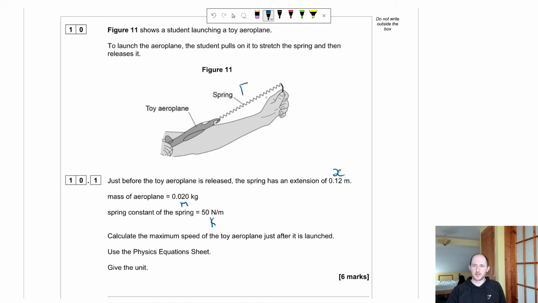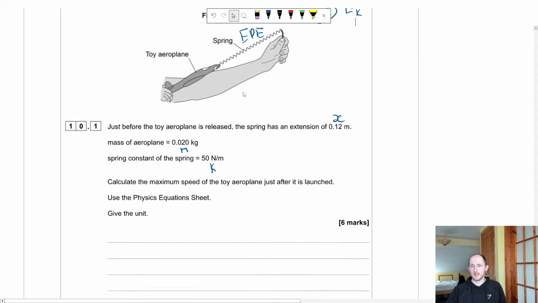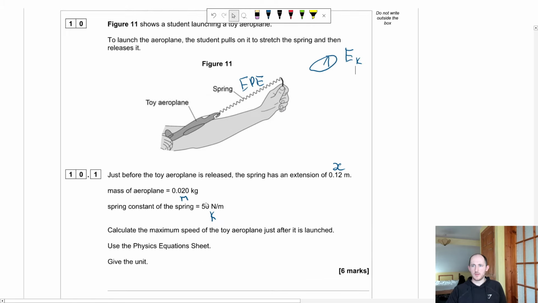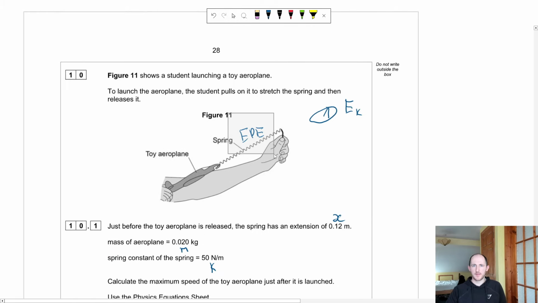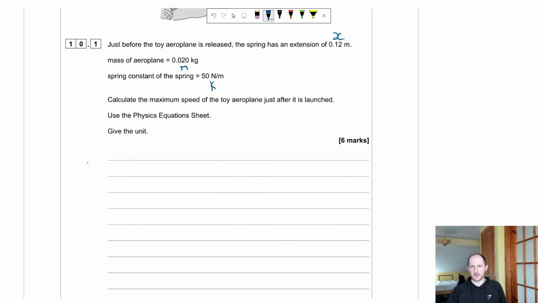So this is elastic potential energy, EPE. Once you've released the toy plane, that's my perfect plane, it's all now turned into kinetic energy. So all we need to do is work out the total EPE and then make that equal to the kinetic energy. So how do you work out elastic potential energy?